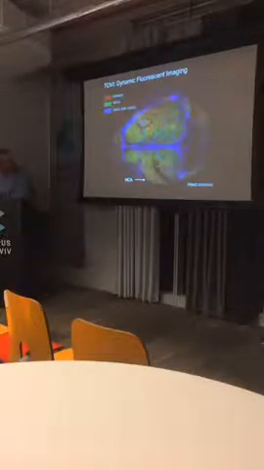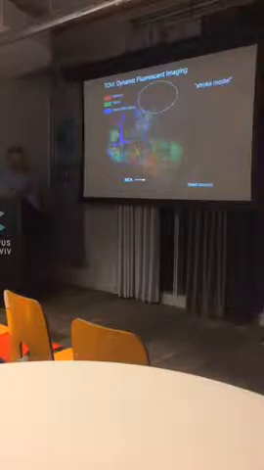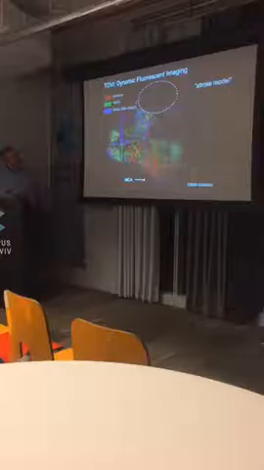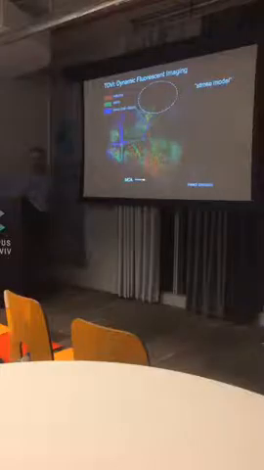Arteries are red, veins are green, and veins at the late stage are blue. We can detect normal and abnormal. In this case it's okay, and here we don't see anything because of blood flow problems inside. This is how this method works.